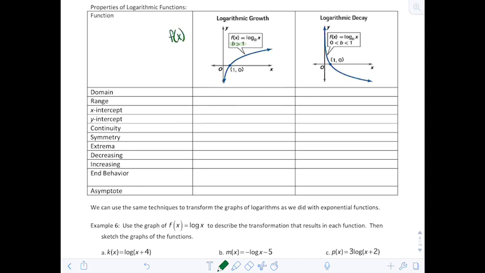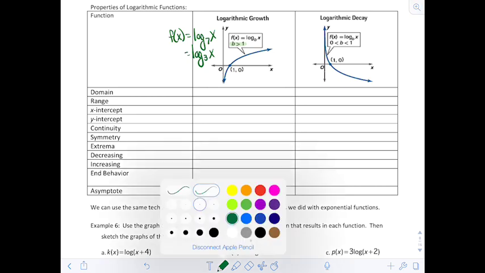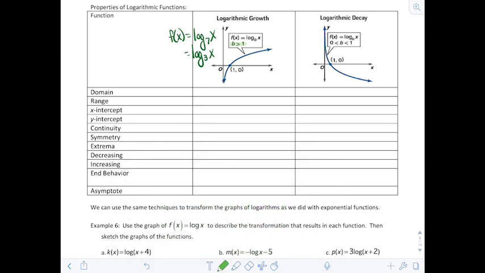So if I have f of x equaling log base 7 of x or log base 3 of x, these are going to be growth. Logarithmic decay is where I have a positive fraction between 0 and 1. This may be where f of x is equal to the log base 1/4 of x or log base 2/5 of x. Those will be decay.